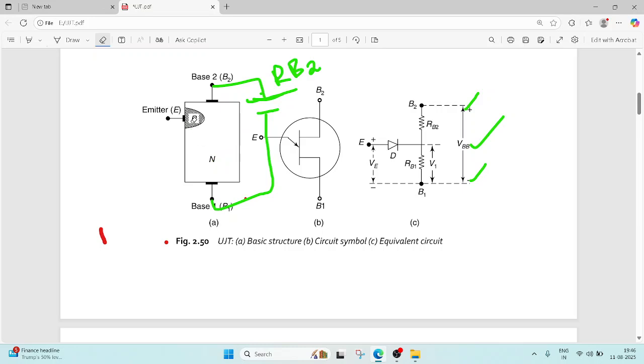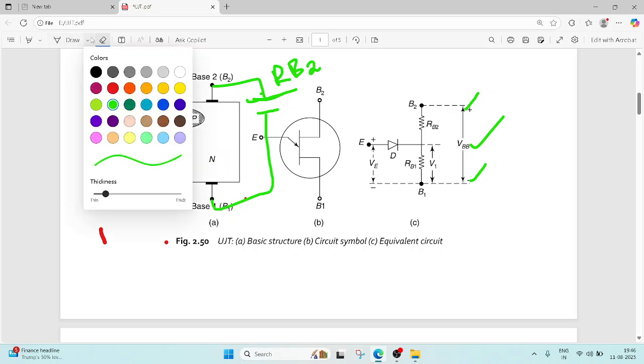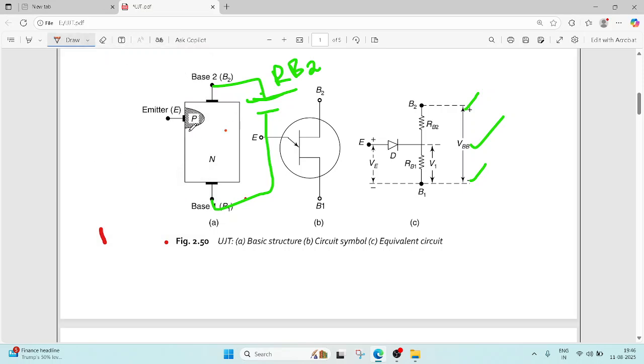Practically, it has some current, a small current flowing from emitter to base 1. This current is called leakage current. Very clear? That is before the peak voltage, there is theoretically no current, but practically a small amount of current is going, right?